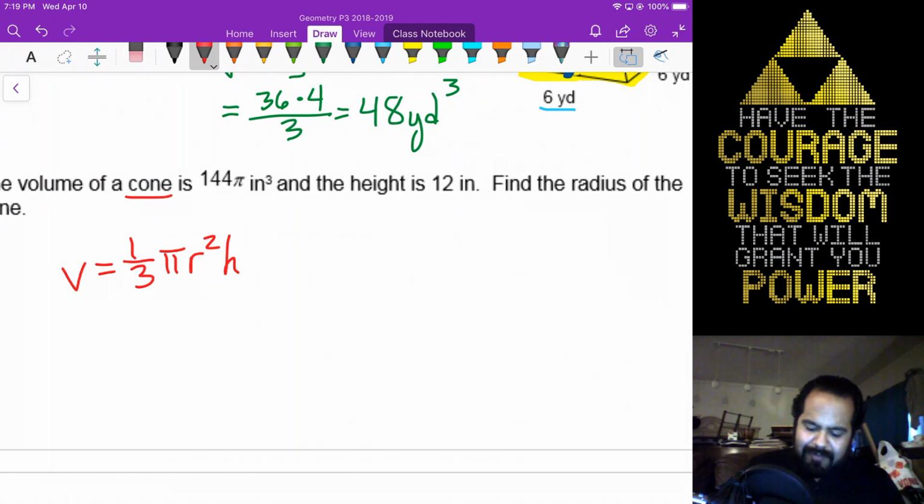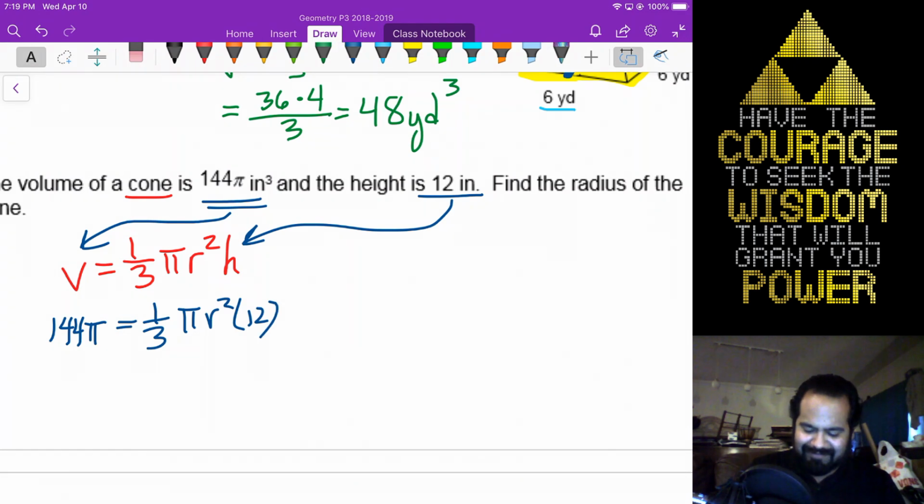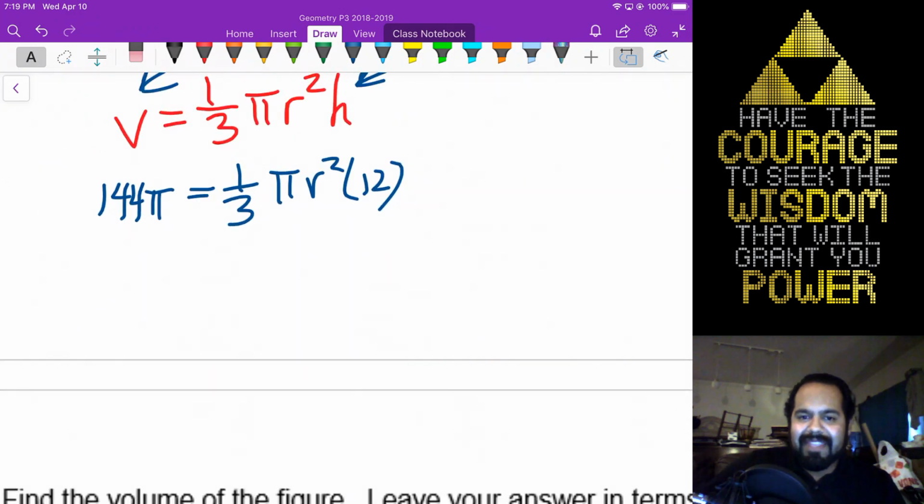Okay. So check this out. We know the volume. We know the height. We're going to substitute what we know and work our way backwards. So we're going to have 144 pi equals 1/3 pi r squared times 12. Now I'm going to do a little bit of combining like terms, but not really combining. It's really simplifying, right? I'm going to take 1/3 of 12.